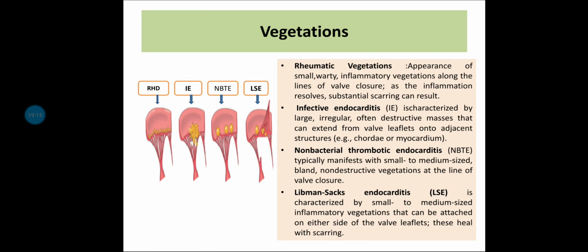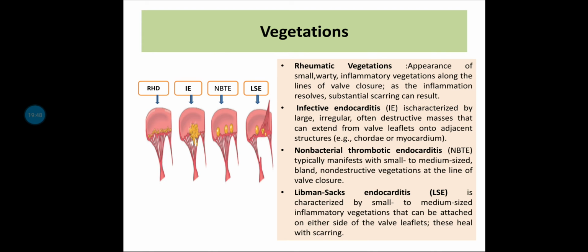Another one is called non-bacterial thrombotic endocarditis or marantic endocarditis. It is typically seen in patients with a hypercoagulable state, typically manifesting as small to medium sized bland non-destructive vegetations at the line of valve closure. So these are the vegetations present along the line of closure, basically seen in hypercoagulable state.